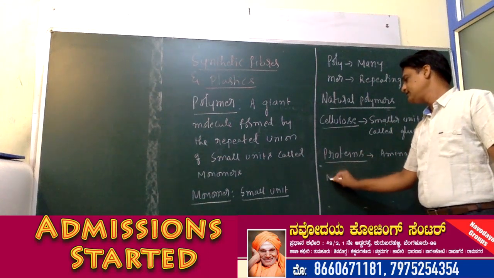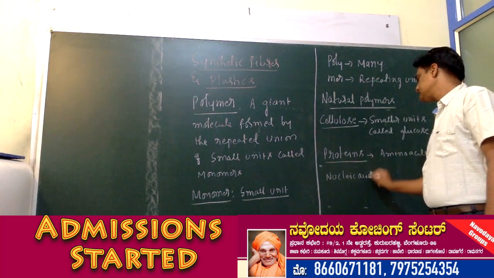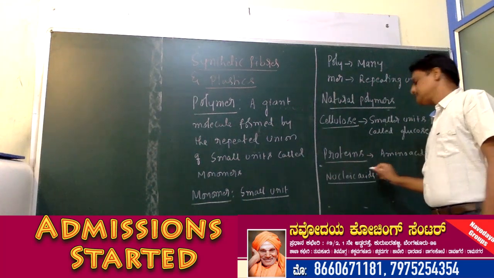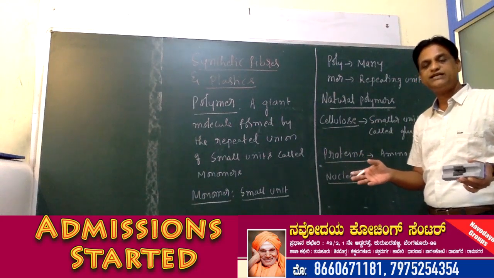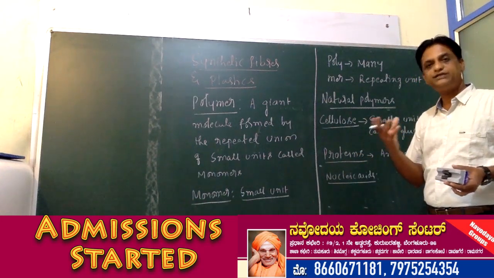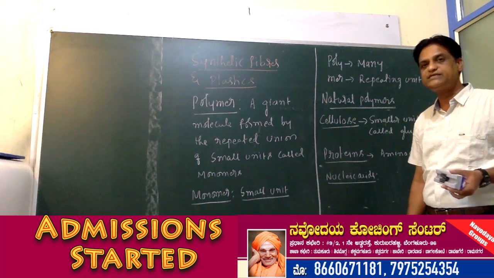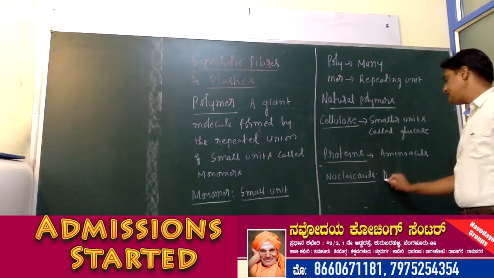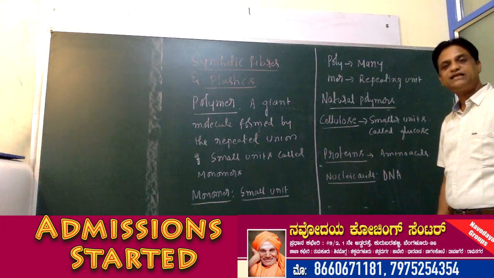Similarly, nucleic acids. You have studied in biology that the cell contains a nucleus, and inside the nucleus genetic material is present. And what is the genetic material found in plant cells and animal cells?